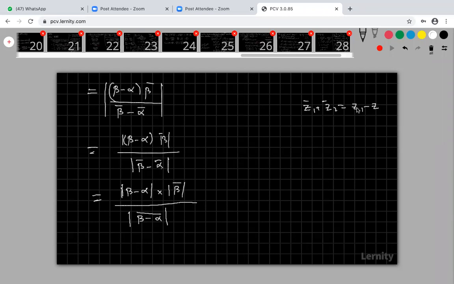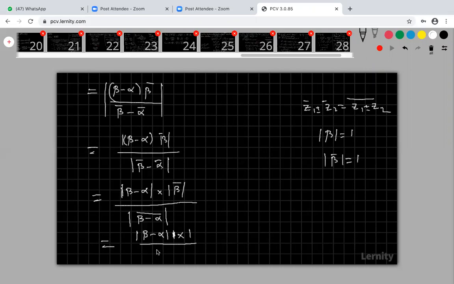Modulus of beta minus alpha is kept, and the modulus of beta conjugate is also 1. So this is 1.